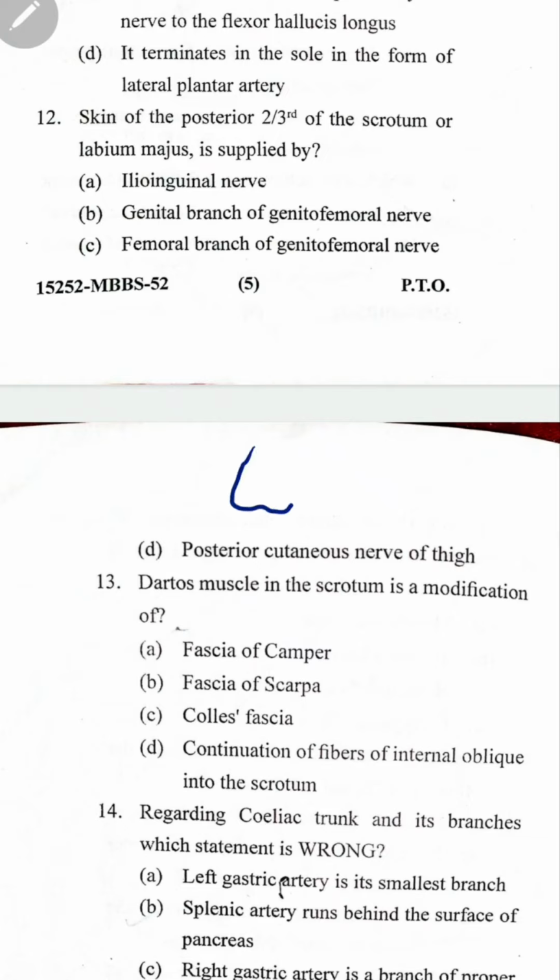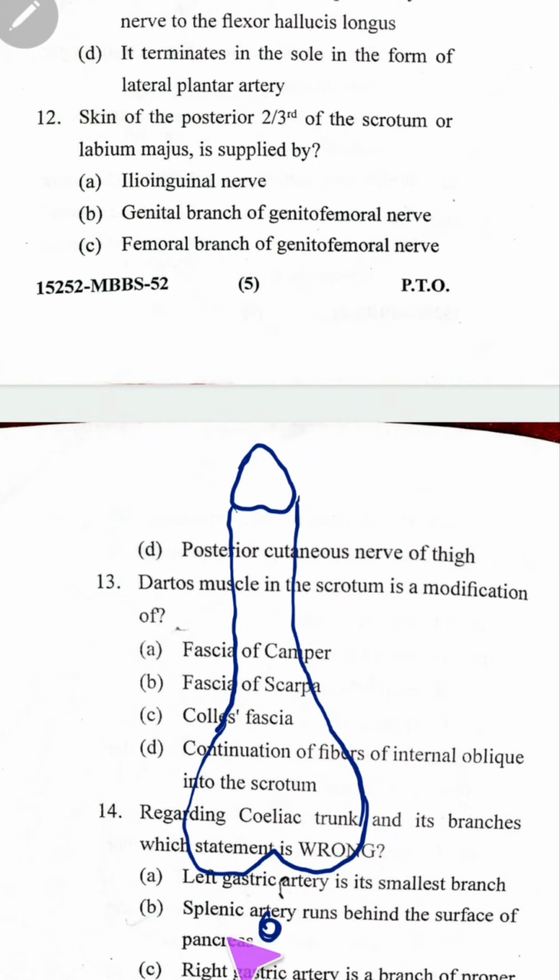Let's be fast. This is the glans and there is the scrotum, right? Anal opening. These are the groins, and these are the gluteal folds. This is lithotomy position. Now, about the nerve supply.